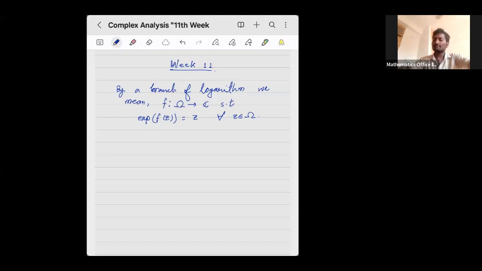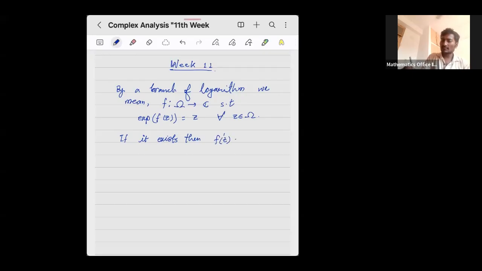Okay, so in this week we also discussed, if such a branch of logarithm exists, let's say it is holomorphic, in that case, what is f prime of z?